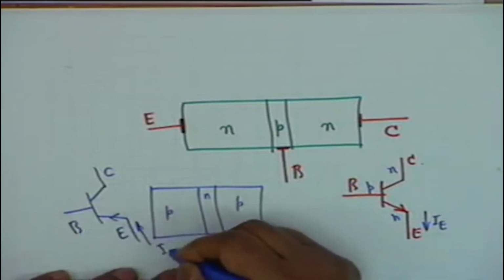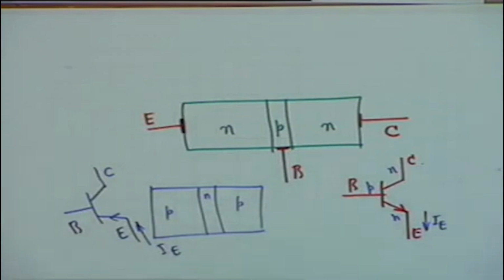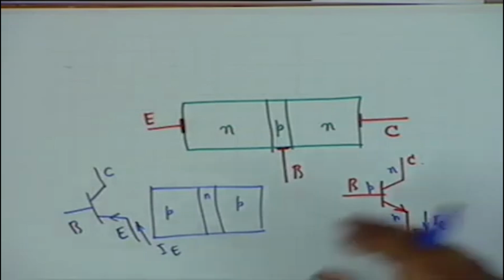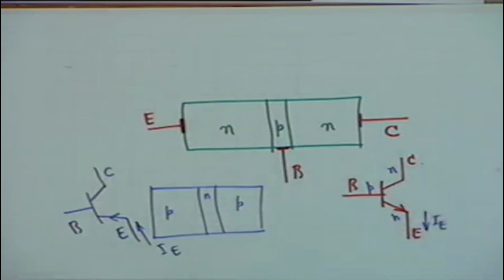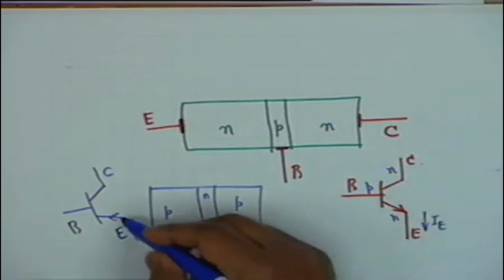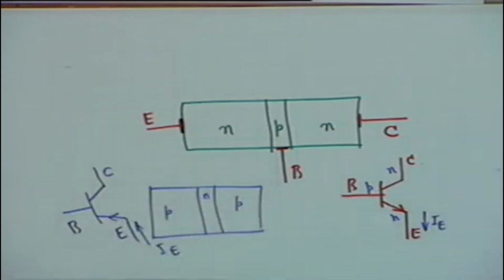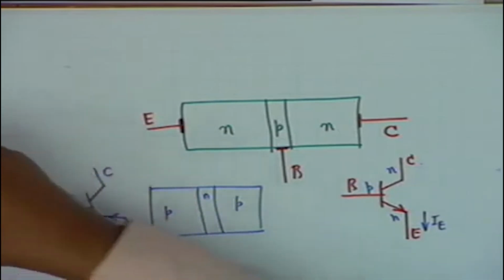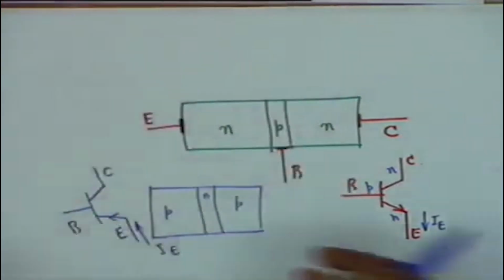It should be remembered that this is the actual direction of the DC current. If it is AC, it doesn't make sense to talk of direction. Once it will flow like this, another time it will flow in the other direction, and so on. So it is DC that I am talking of, the actual direction of direct current that flows. It flows out of this terminal in the NPN case, and into the transistor in the PNP case.